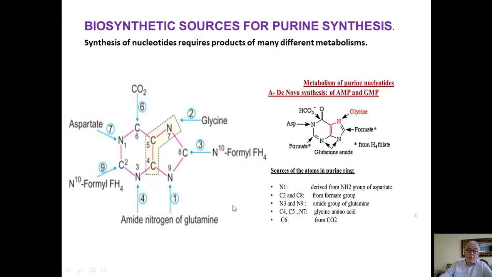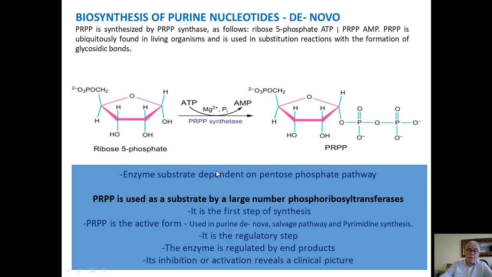Now we are going to synthesize this purine ring step by step.